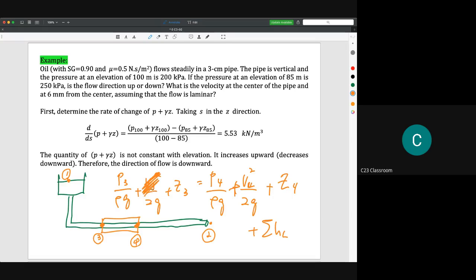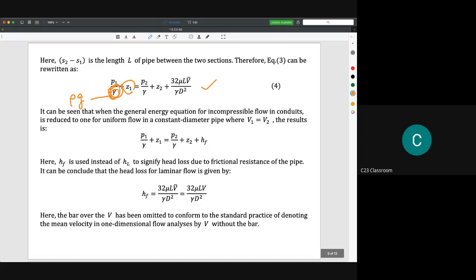Now we can cancel off the velocity. That's why we have pressure and Z here. So the rho g here is replaced with gamma.